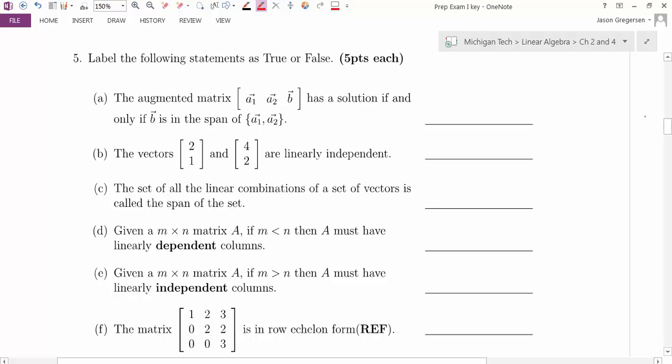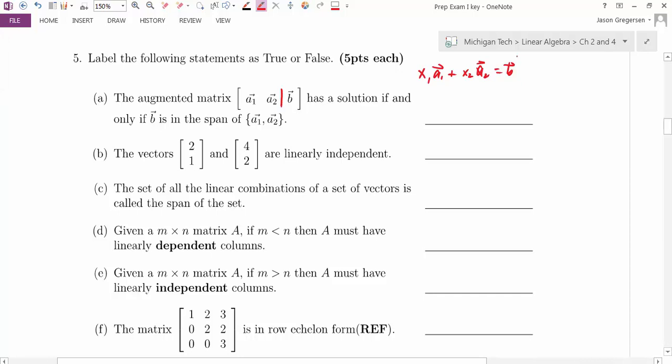The first one says the augmented matrix. Here I have two columns of some matrix A and then a vector B. It says this augmented matrix has solutions if and only if B is in the span of A1 and A2. So what does it mean for B to be in the span of A1 and A2? It means there's some linear combination of those two columns that equals B. That's the definition of being in the span of these two vectors.